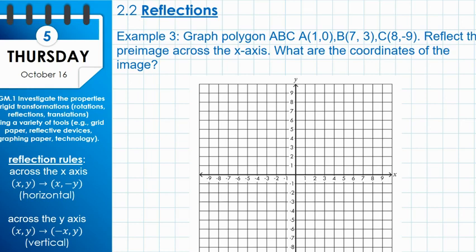So for coordinate A, I go to 1, 0. Coordinate B, +7, up 3. And for C, I'm at 8, -9.